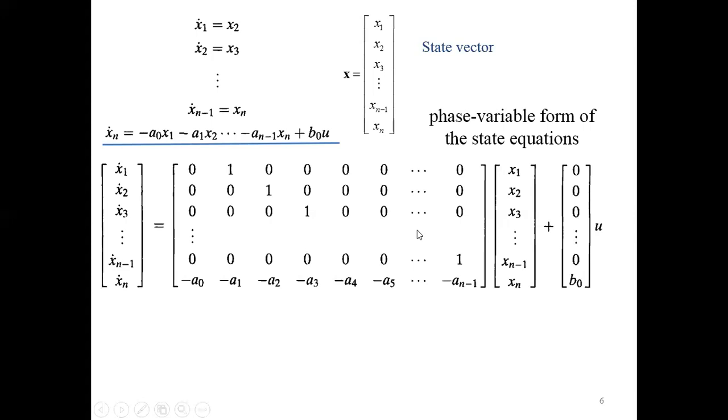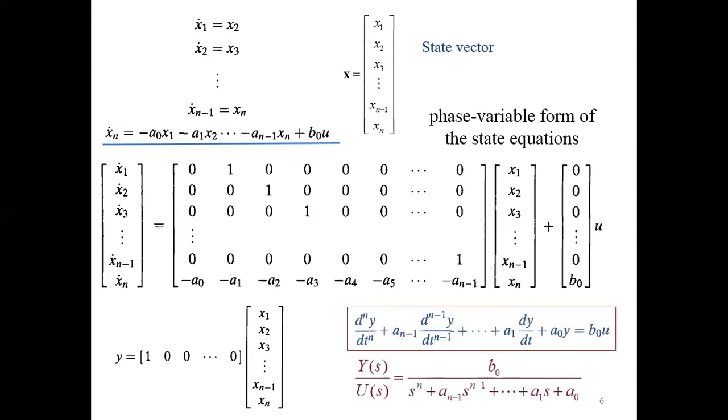This is the phase variable form of the state equation, and from this highlighted one we get the last row, and this is the output equation. So by this we have converted the transfer function to the state space representation.